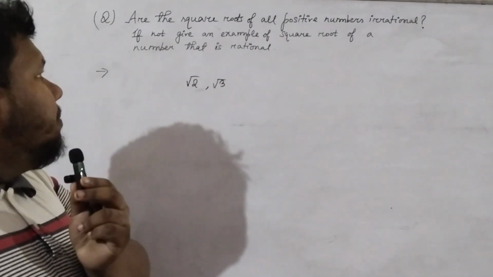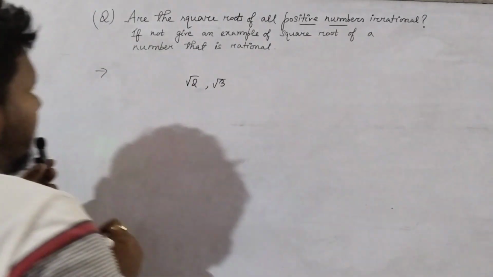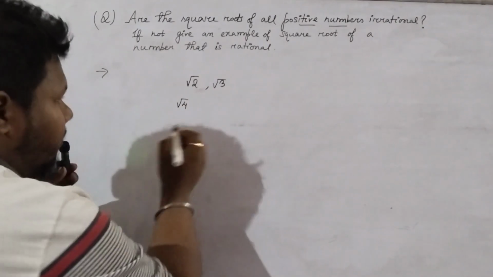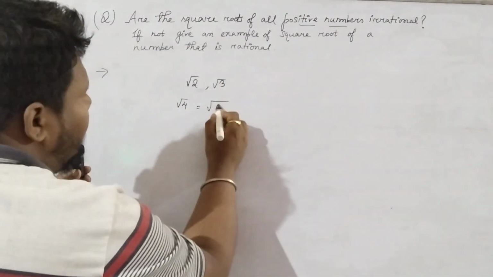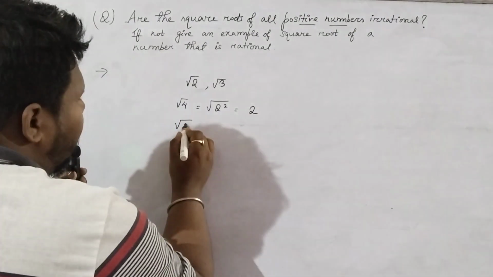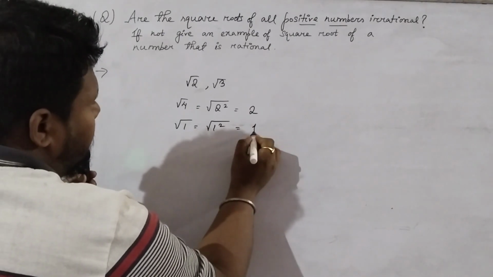Okay. Yes. But they are saying are the square root of all positive numbers. All they are saying. Root 2, root 3, okay. But if I take root 4, 4 I can write 2 square, then I'll get 2. Similarly, if I take root over 1, then square root of 1 is what? 1.